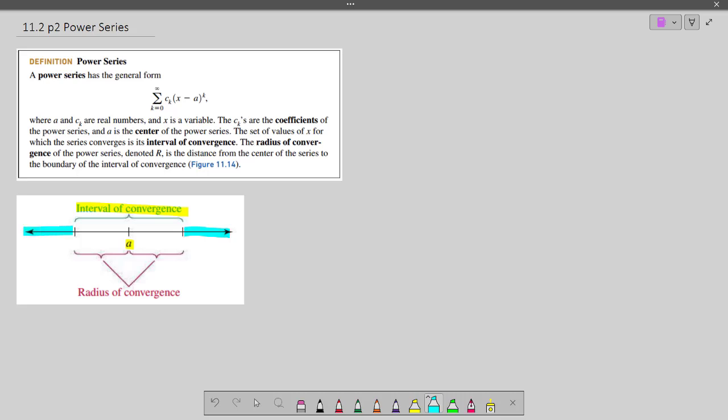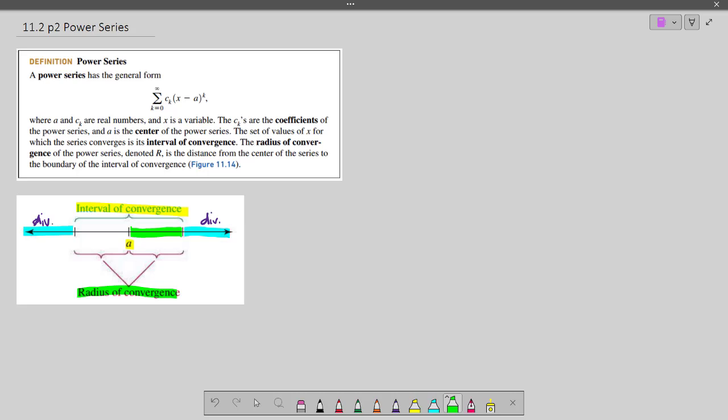Divergence out here, divergence out on both sides, and convergence in there. So clean. You cannot have convergence in random places. The convergence always will be symmetric around the center. We are going to call this distance right here the radius of convergence. The radius of convergence is this distance right there. That'll be called the radius of convergence.